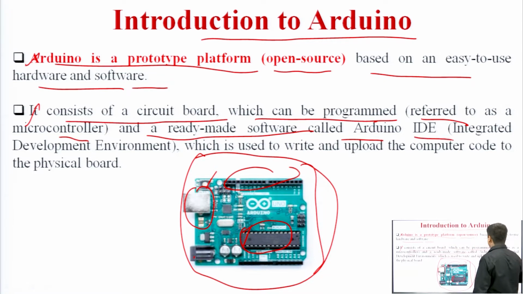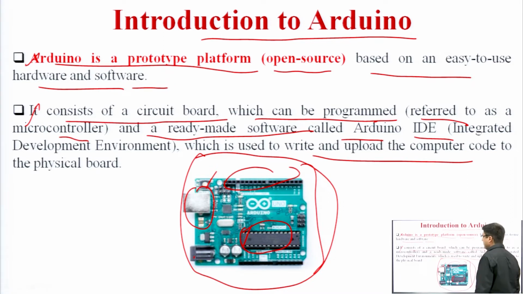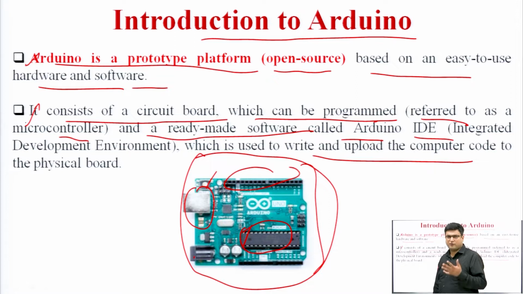IDE means integrated development environment, which is used to write and upload the computer code to the physical board. So, if we want to use this Arduino circuit board for any project, we need to program in the IDE, and after programming you can upload the code into the physical board.